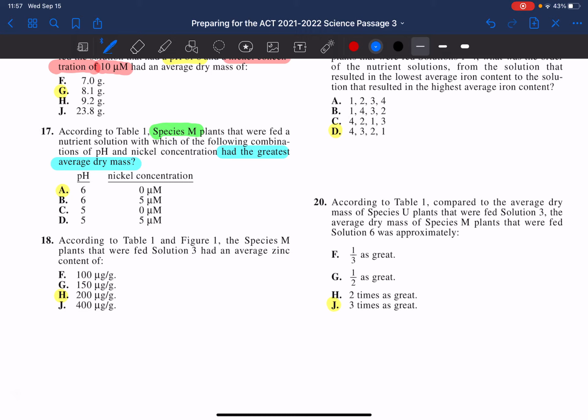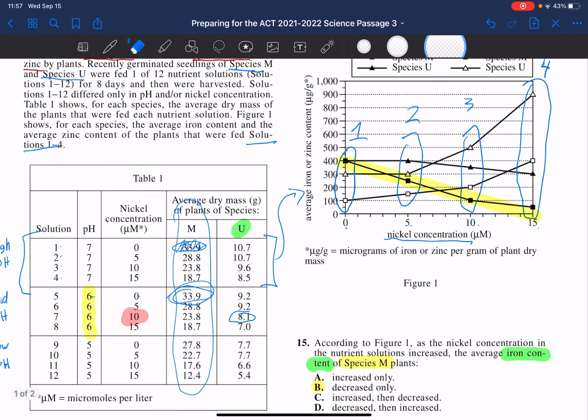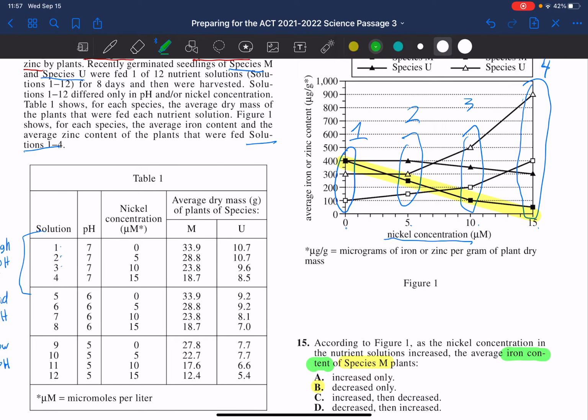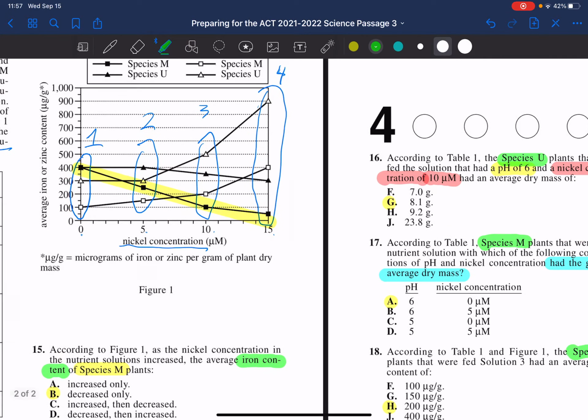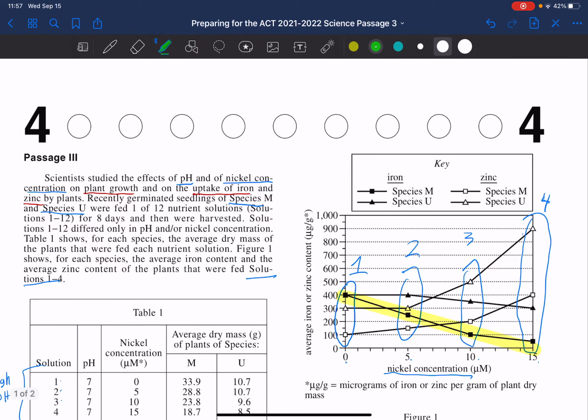Number 18, according to Table and Figure 1, species M. So let's erase some of this. So we are focused on species M right now.